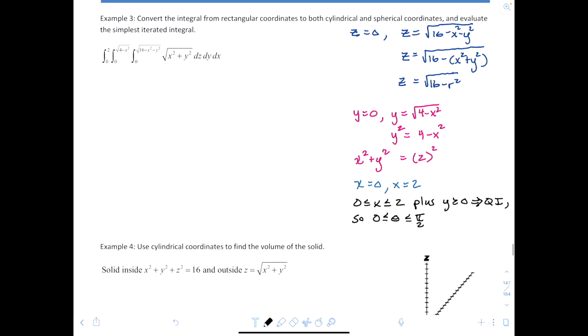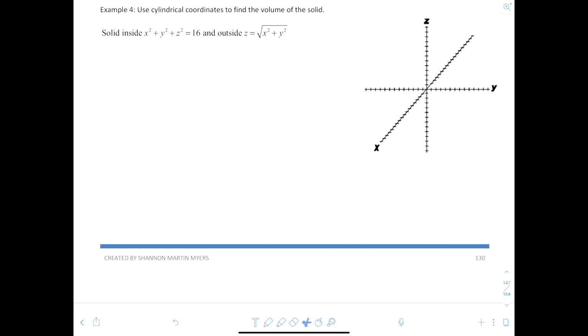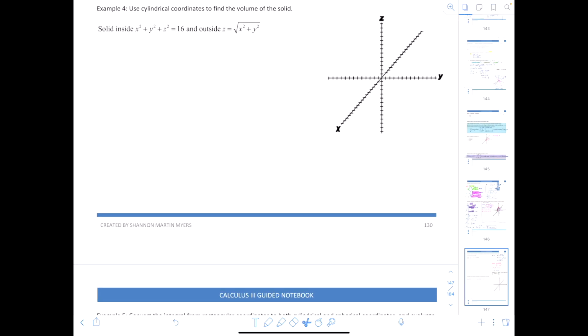Awesome. So let's take a look, all right? So now for cylindrical, and you know what? We might need to add a page here to get it into spherical. Before I write on this, let me copy it, and we will add a page.